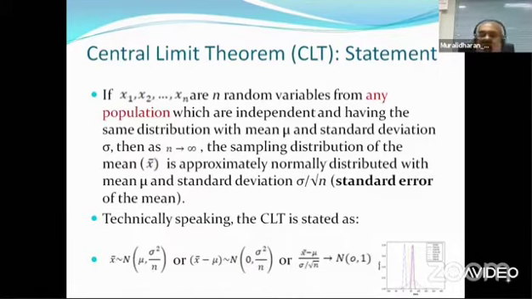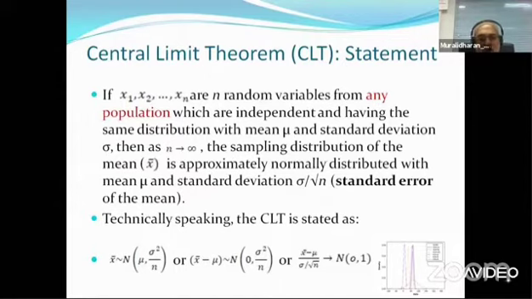So the standard error is nothing but the standard deviation of these sample means. The technical statement is that x bar is approximated as normal N of mu, sigma square by n, where mu is the mean and sigma square by n is the variance.